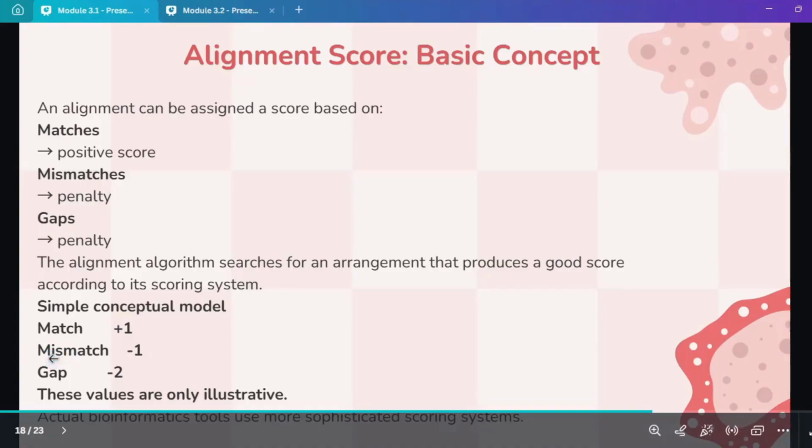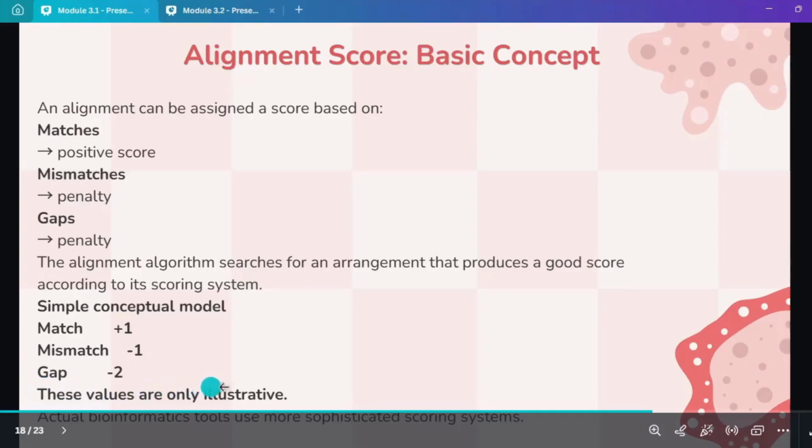If there is a mismatch between two nucleotides of the sequences at the same place, we assign -1 mark, and if there is a gap, we assign -2 marks. That means if there is an insertion or deletion, we assign -2 marks.